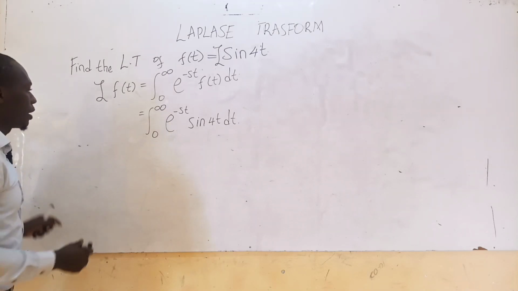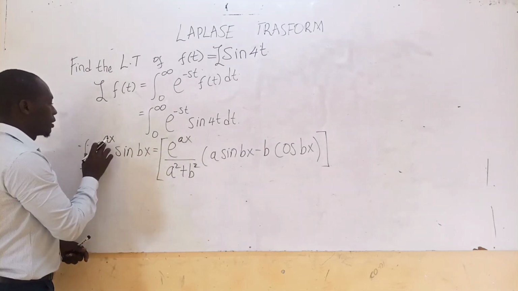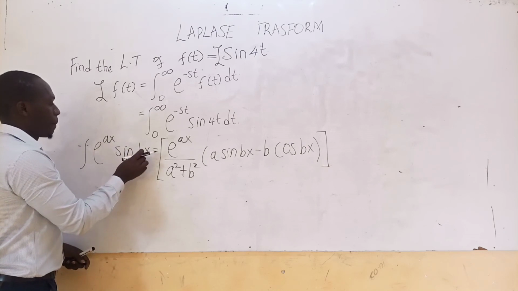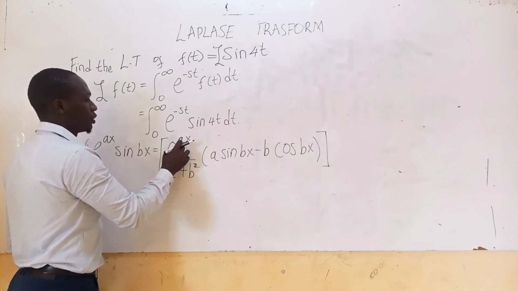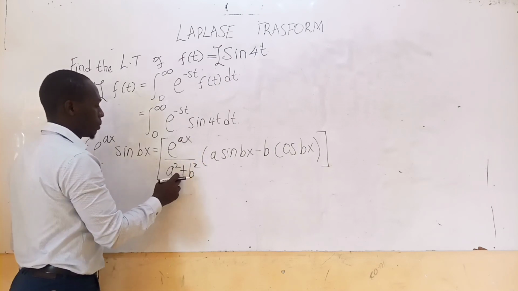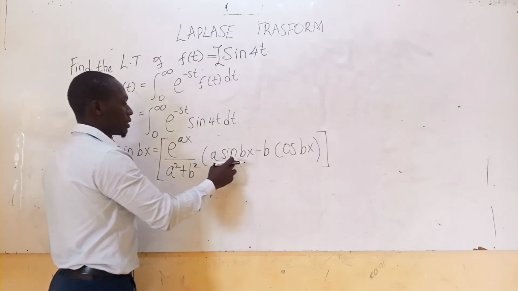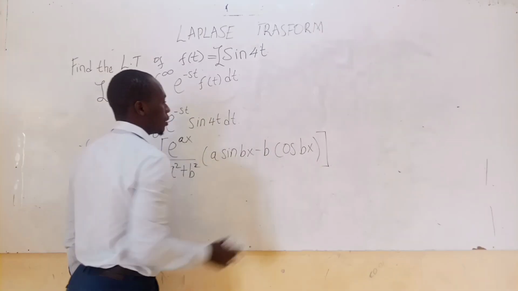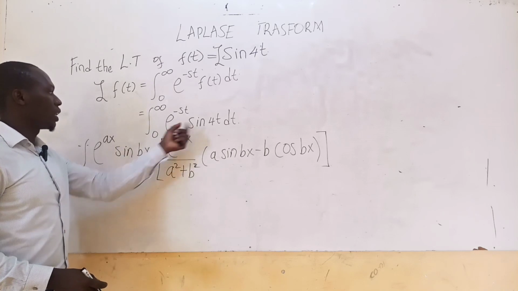Now from here we understand that the integral of exponential ax sine bx is equal to exponential ax over a squared plus b squared into a sine bx subtract b cos bx. We are going to relate this formula with what we have here.